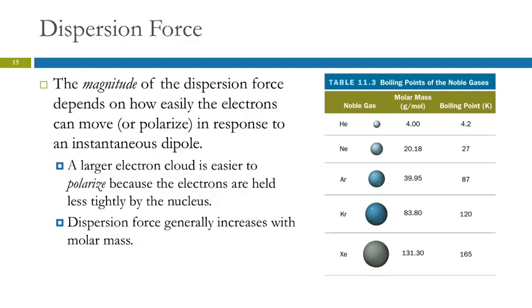So that's what we call the dispersion force. It comes and it goes. So it's very weak. The magnitude, how strong that force is, depends on a couple of factors. It depends on how easily the electrons can move or polarize. How easily can those electrons get lopsided in response to an instantaneous dipole?